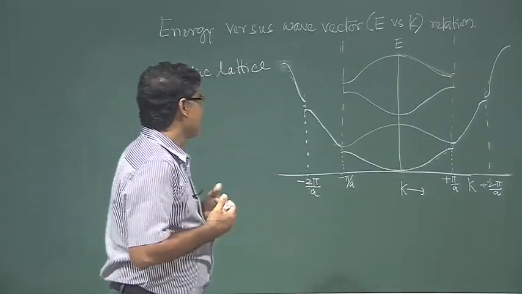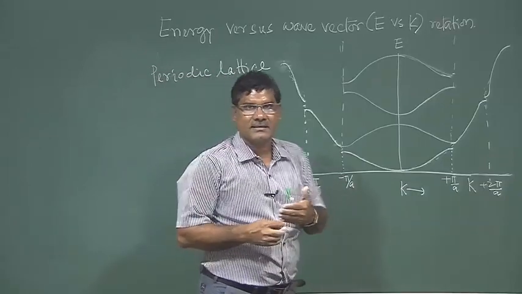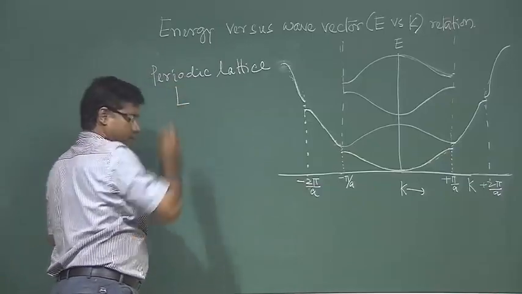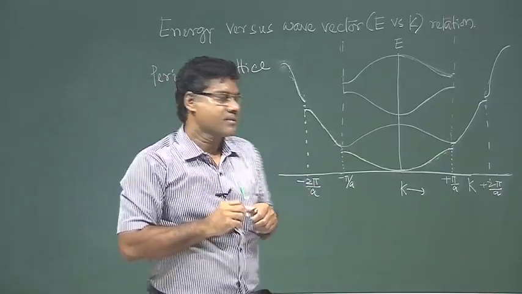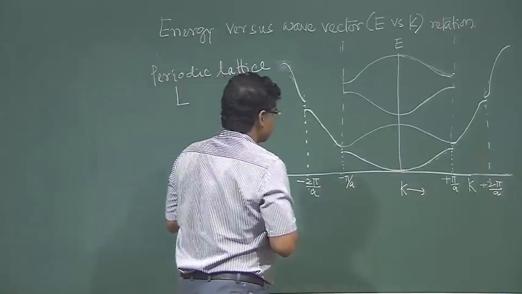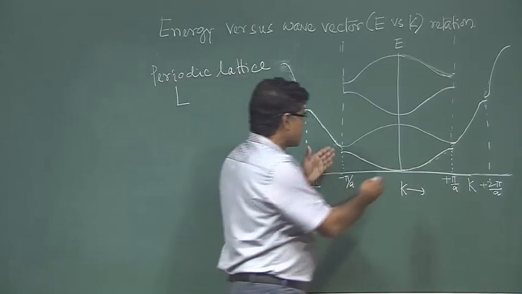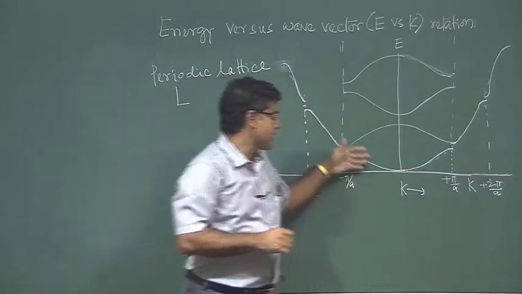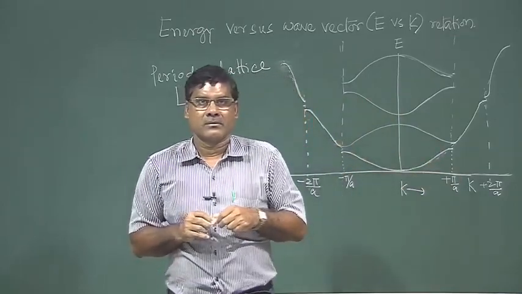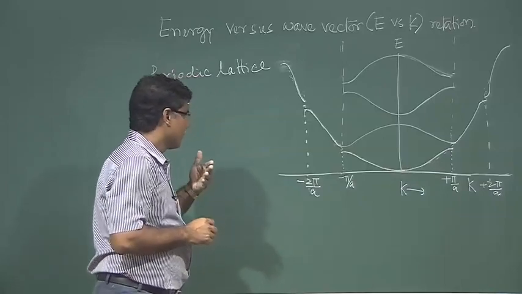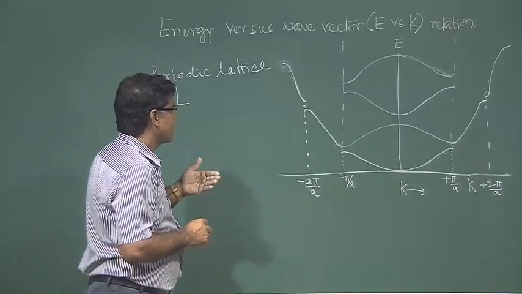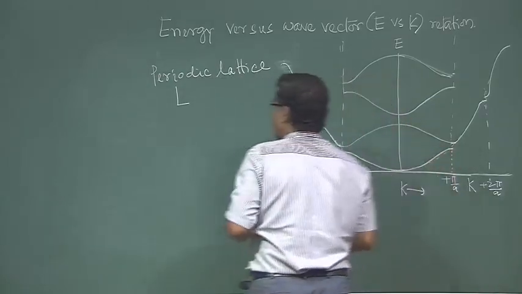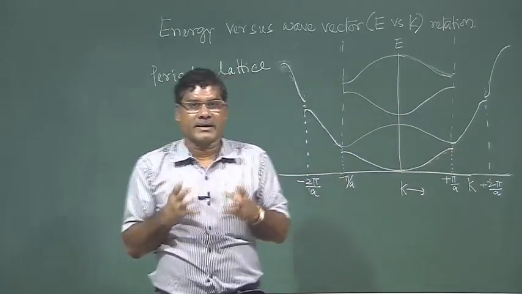Now, the question is, if the crystal is of finite size, if we consider a one-dimensional lattice of length L, then what will happen? Then in this first Brillouin zone, how many wave functions, how many states, how many k values are allowed when our crystal is of finite size?